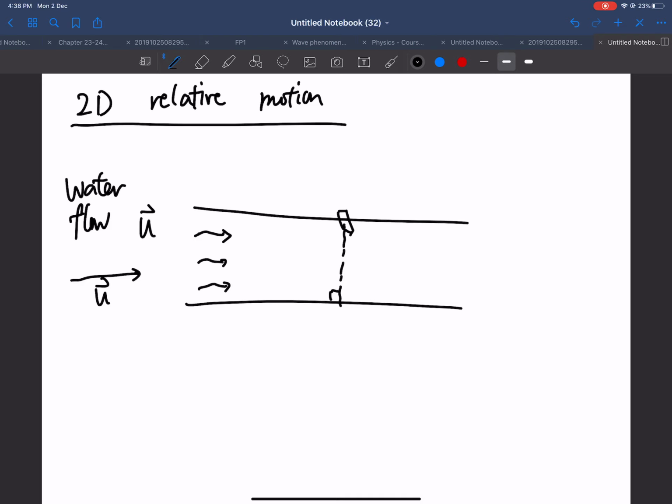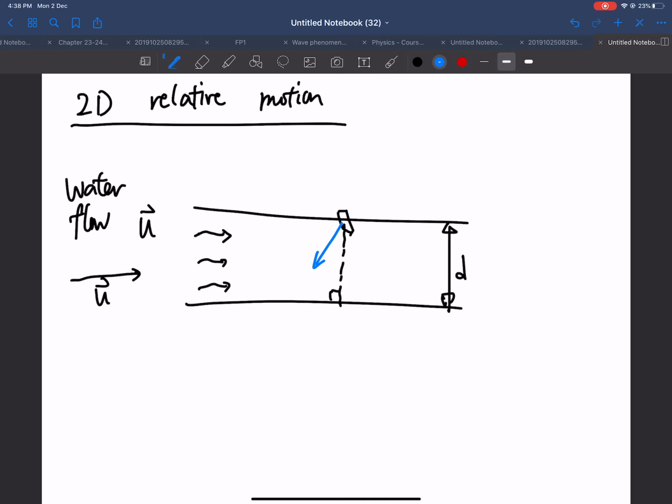So how should it move? A little bit on the left hand corner, okay? So that means it should go a little bit towards this direction.